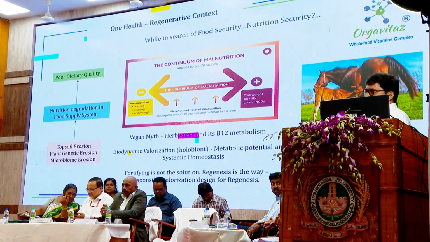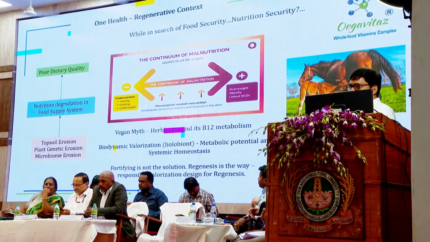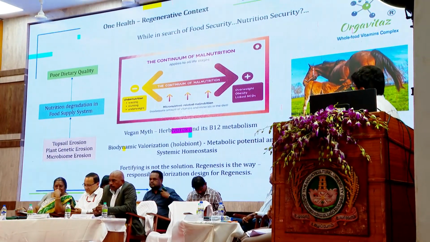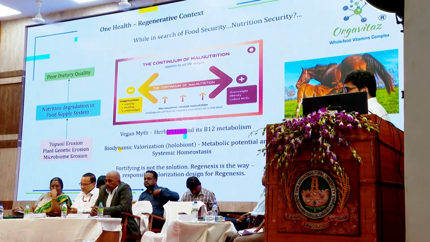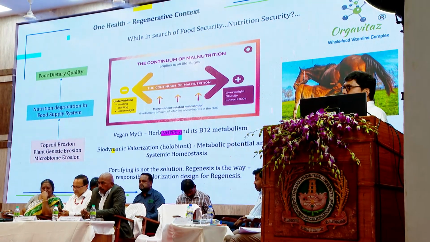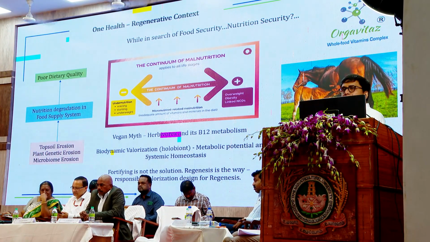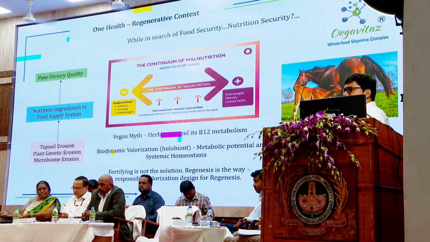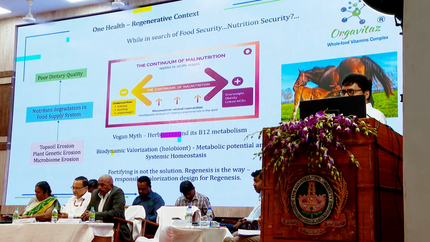See, Linus Pauling, a Nobel Prize winner for vitamins, once said that the continuum of malnutrition is associated with all the chronic diseases we get today. And not just in humans, the continuum of malnutrition applies to animals as well as plants. There is a connect.